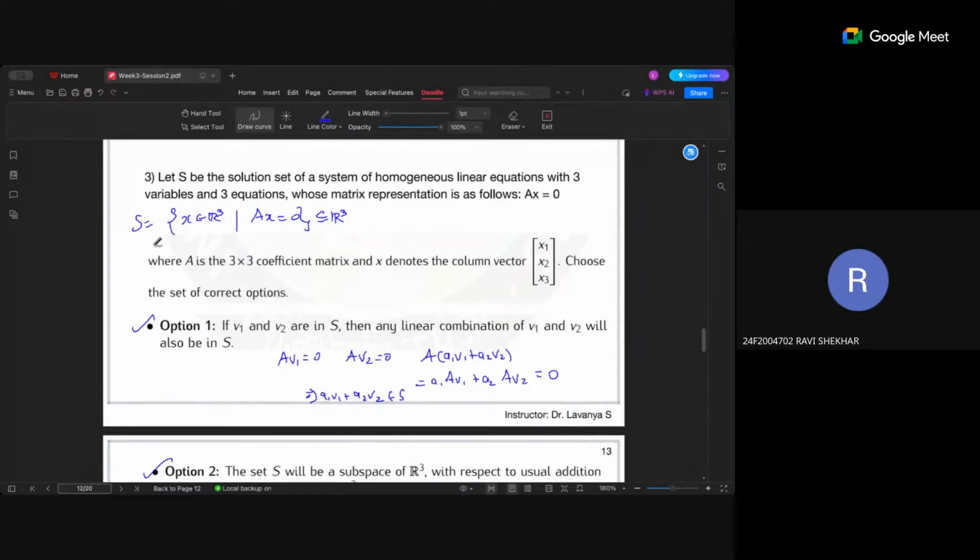See, what the solution is depends on the values of A. It can be a singleton set, or if it has infinitely many solutions, then it is an infinite set, right? For a given matrix A, the values of x will depend upon the number of solutions. Yes, got it.